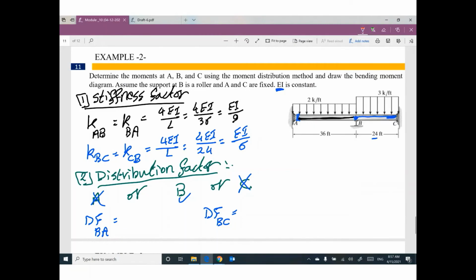Put your numbers. K for member BA equal EI divide 9. Divide summation of all the two members. So EI divide 9 plus EI divide 6.